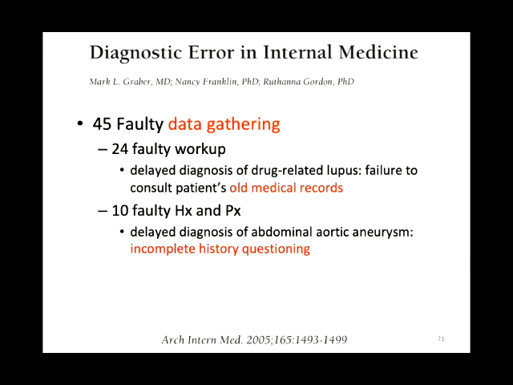So what this shows is that the cause of these errors are fairly easy tasks. It's not difficult to look up old records. It's not difficult to do a complete history. It might not even take a lot of experience to do these types of activities.